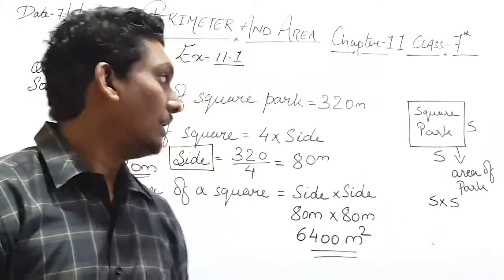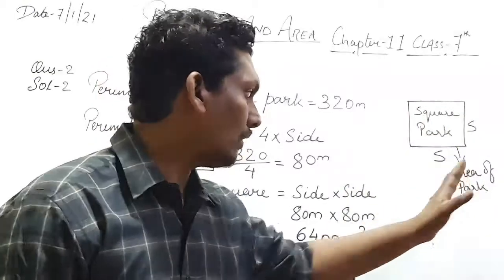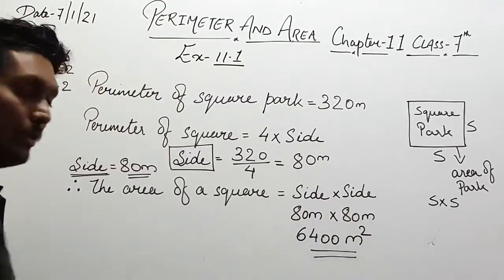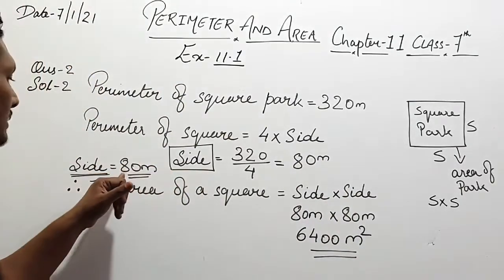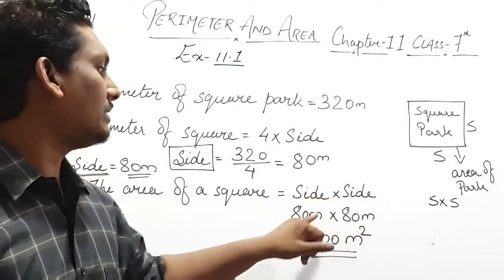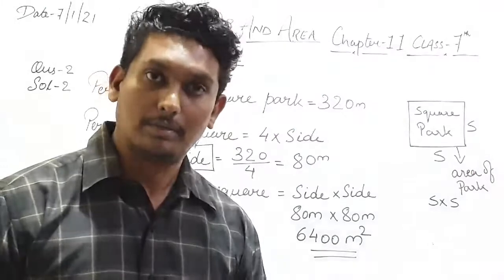Now the next part, we have to find the area of this square park. The formula for area of the square park is side into side. Now we got the value of one side, that is 80 meter. So side into side means 80 into 80. The answer is 6,400 meter square.